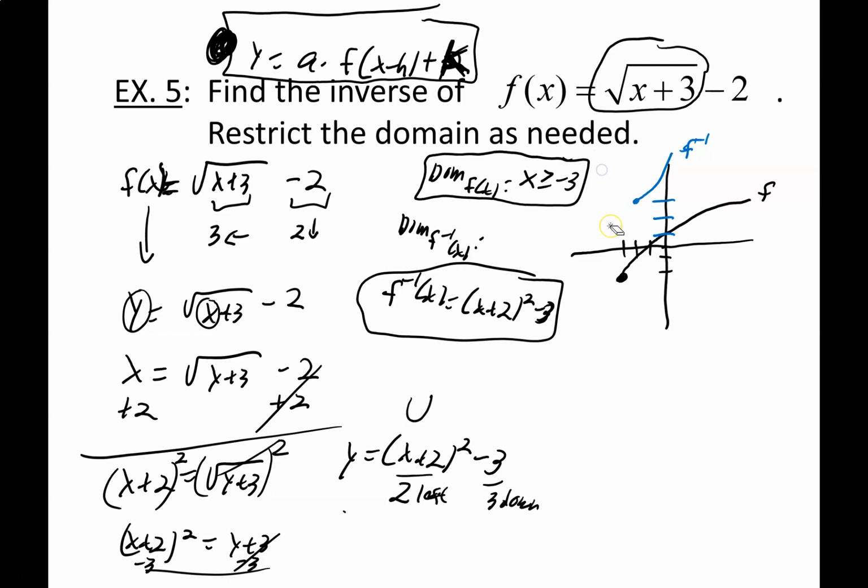Again, is my f inverse one-to-one? No. So I'm going to cut off that part and only keep from where x equals 2 and beyond. So my domain for f inverse is, no, I did something amazingly stupid. Let's try this again. Maybe I want to try 2 left and 1, 2, 3 down.